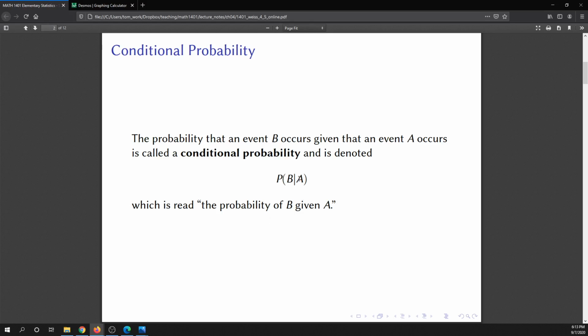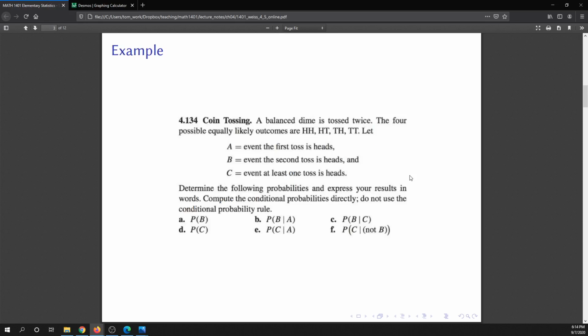In this notation, we're assuming that the event on the right of the vertical line has already occurred, or you know that it will occur, and then the event that you're calculating the probability of will be over on the left of this vertical bar. So that's the probability of B given A, or conditional probability.